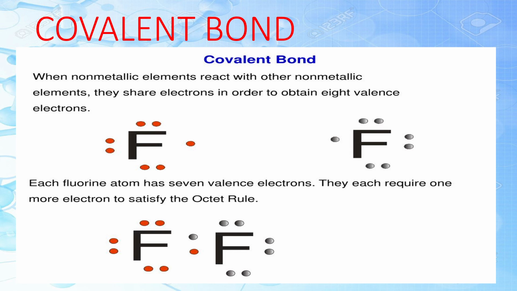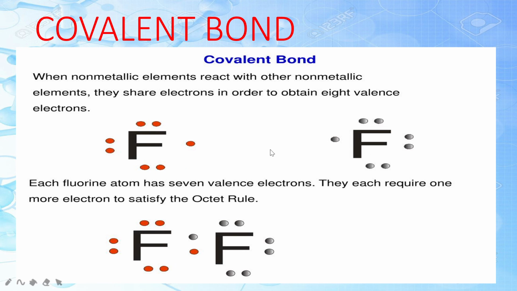Now, let's proceed to covalent bond. So in a covalent bond, when nonmetallic elements react with other nonmetallic elements, they share electrons in order to obtain 8 valence electrons. So this one, unlike the ionic bond where they have to transfer an electron, in covalent bond, they do not. They have to share electrons to obtain 8 valence electrons.